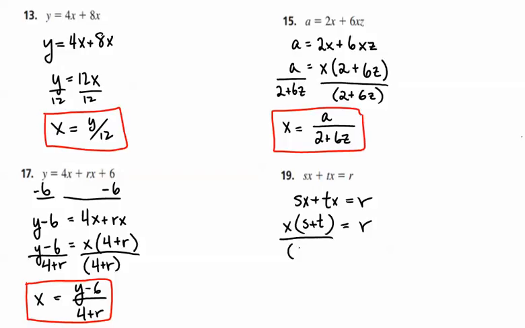At that point, we would divide both sides by s plus t, and we end up with x. Obviously, these cancel here as they're canceling in each of the other problems, to isolate the x. And now we get x is equal to r over s plus t.